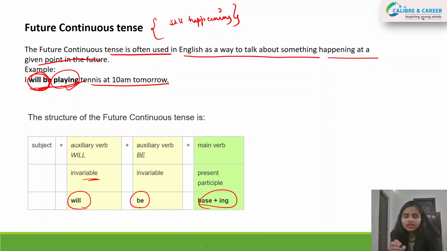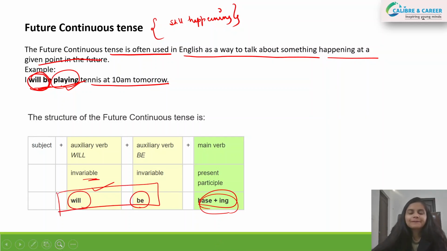See, whether in present, past or future continuous, the only thing that has changed is your auxiliary verb, and this base plus ing will remain the same. In present it was the same, in past it was the same, and in future it is the same. The only thing that has changed is your auxiliary.